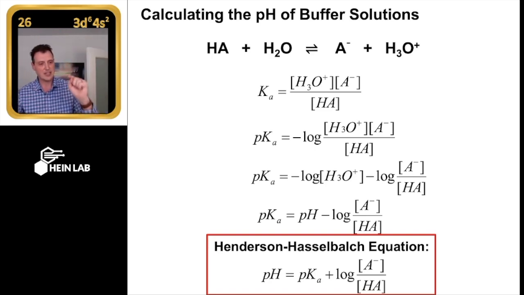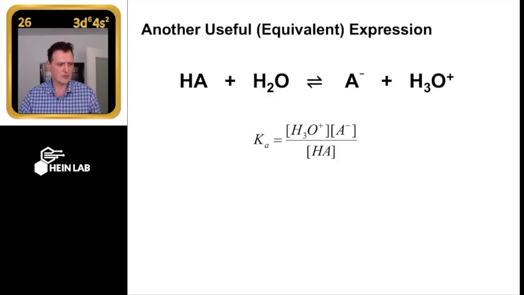The pH in this equation is the measured pH of the solution given some specific concentration of A minus and HA. So usually we're trying to either, given the pH and a pKa, figure out what that ratio should be, or given a ratio and a pKa, find the pH of the solution. We're going to work through a couple of these common ones now.